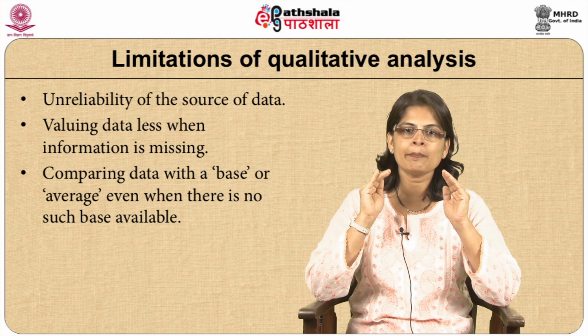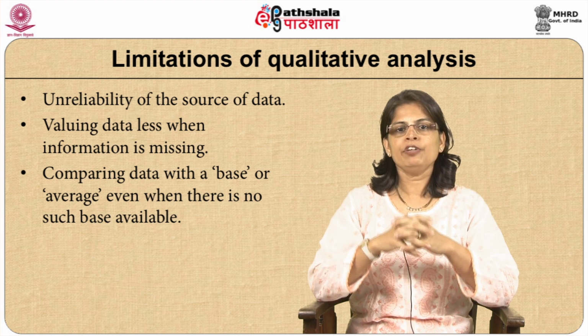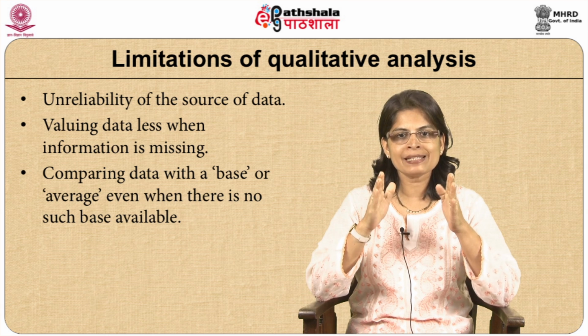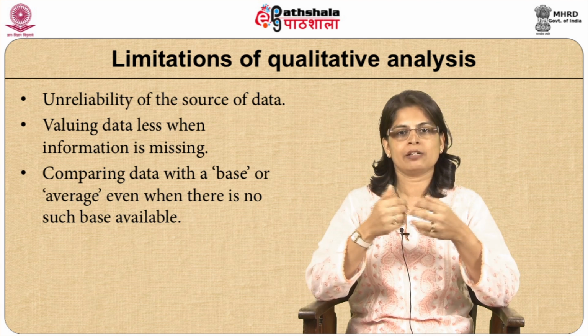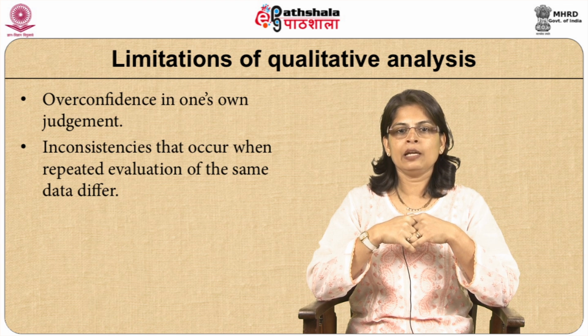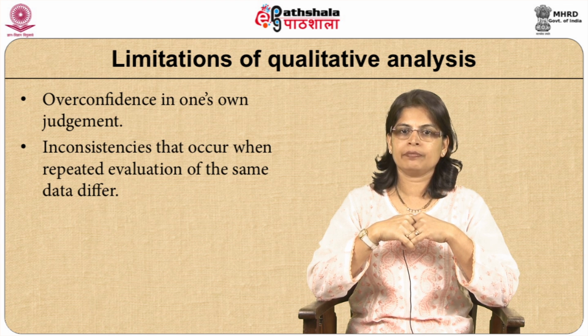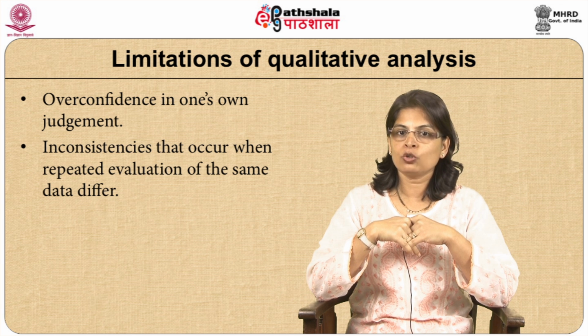Comparison is the basis of qualitative analysis. Hence, we tend to compare data with the base or the average, even when there is no such base available. Overconfidence in one's own judgment can also prove to be dangerous, as the judgment could be wrong.